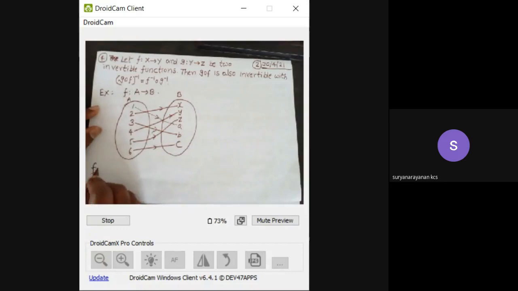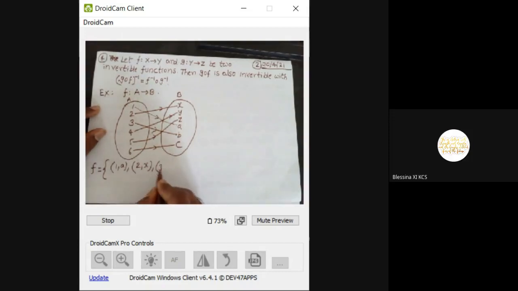Now, how do you write this function f as a set of ordered pairs? Can you tell me, Blessina? Yes, sir. 1 comma a, 2 comma x, 3 comma b.